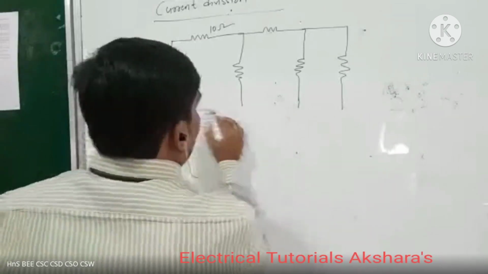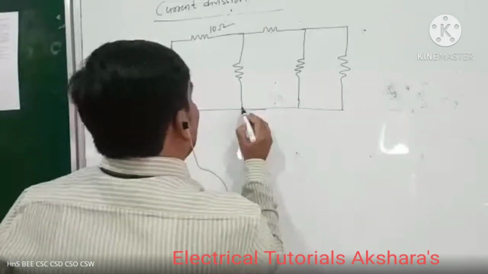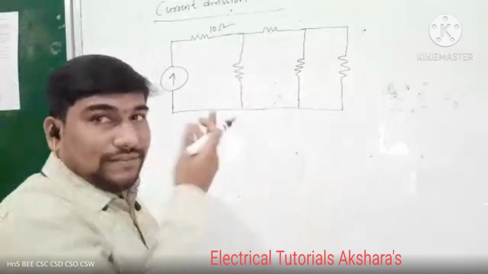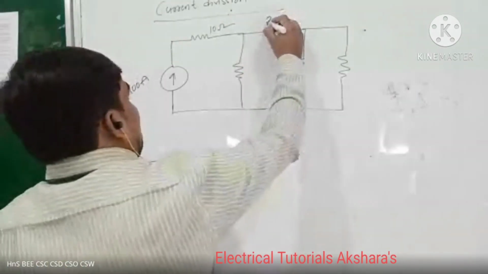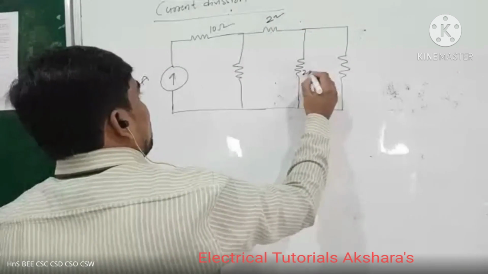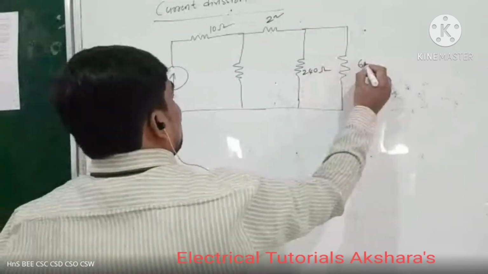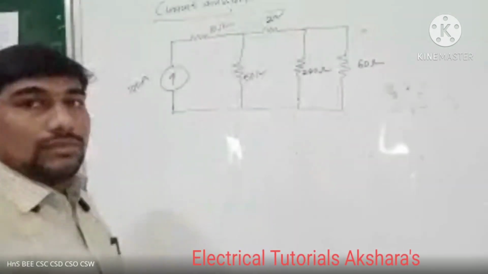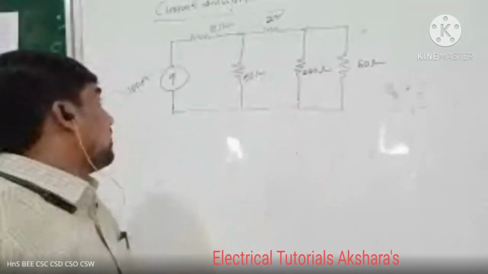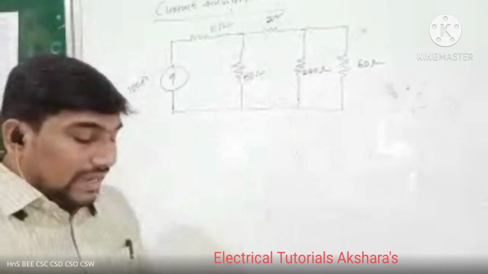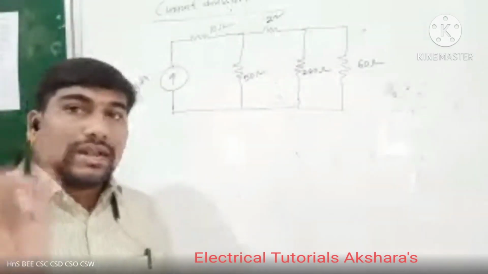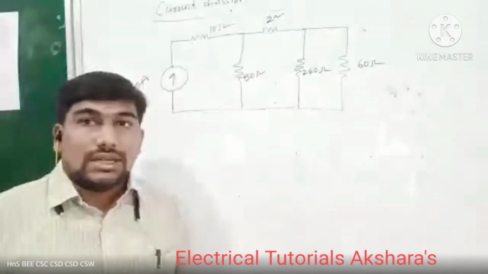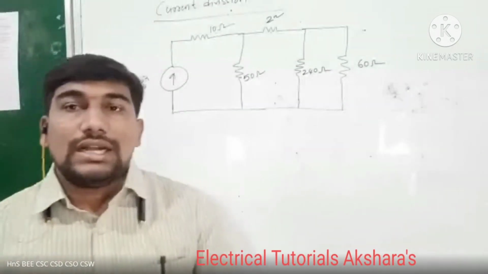In my mind this is a simple circuit, but in your mind this is a difficult circuit. The values given are 2 ohms, 240 ohms, 60 ohms, and 50 ohms. Find the current across all branches by using the current division rule.